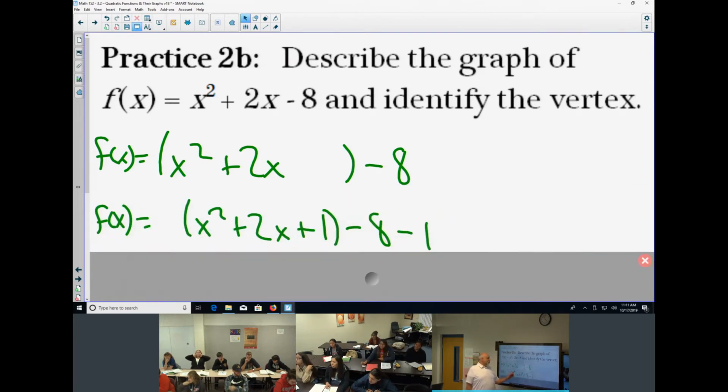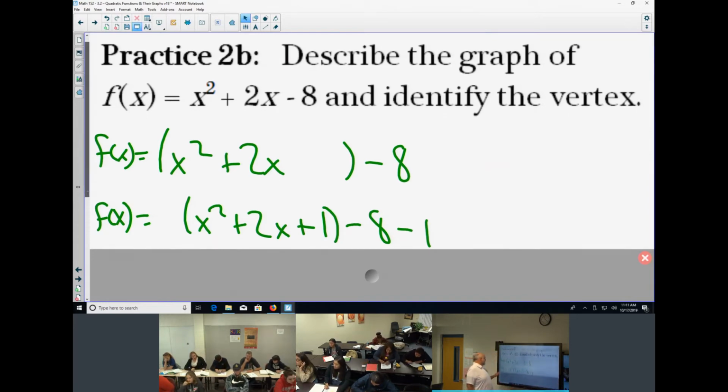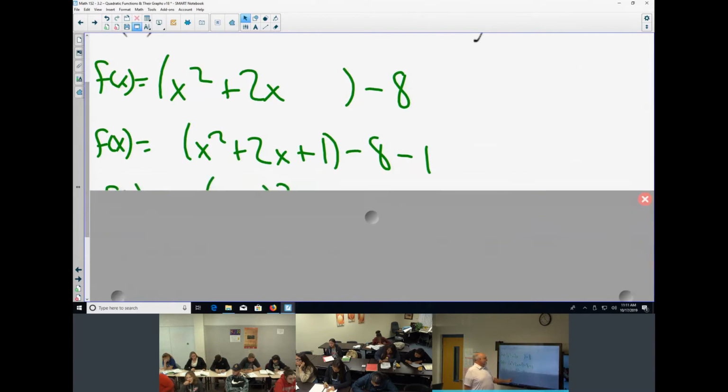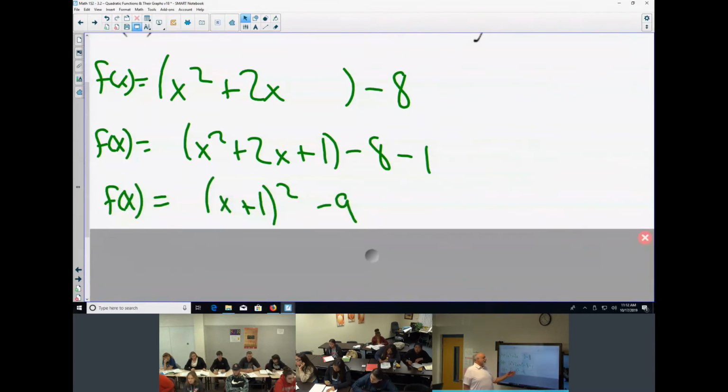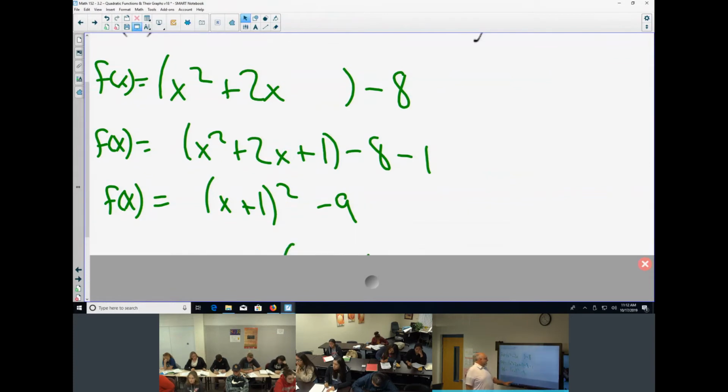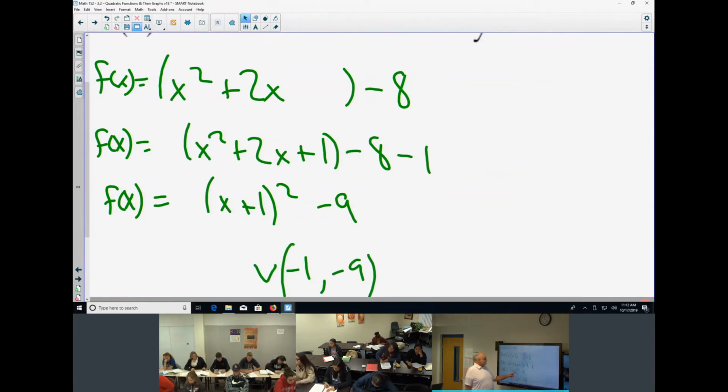So if you're going to add a 1 in there, then you subtract a 1 to compensate for that. So now this is a perfect square, x plus 1 squared minus 9. So then the vertex is -1, the opposite of this number, comma, that number.